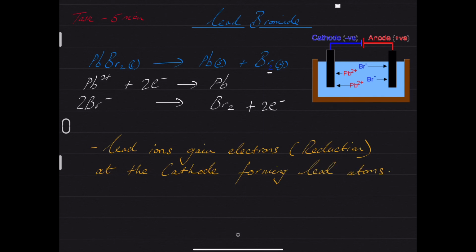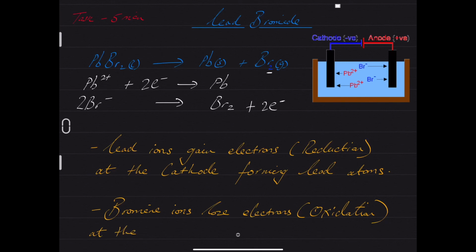Okay, so that's for lead ions. Now, what about the bromine ions? So we say bromine ions lose electrons, and this is oxidation, at the anode.